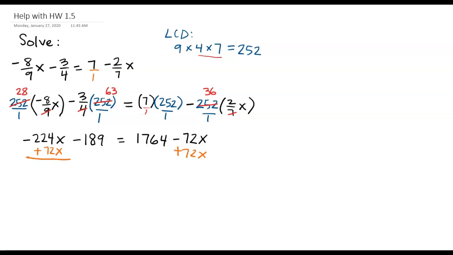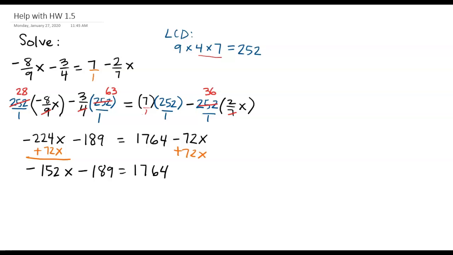And then that will give me negative 152x. I'm going to bring down the rest of this, minus 189 equals 1764.